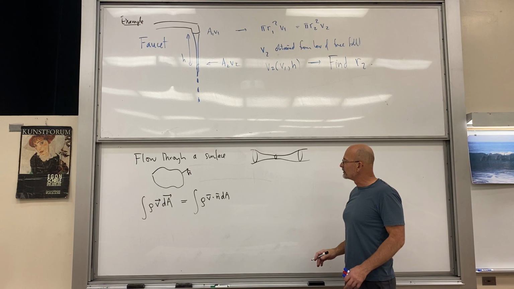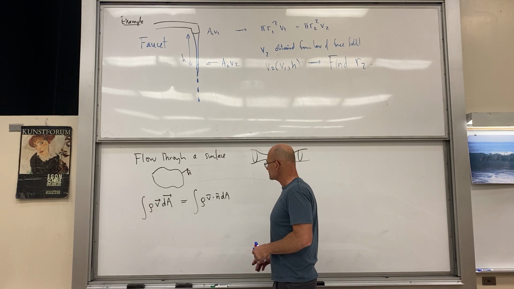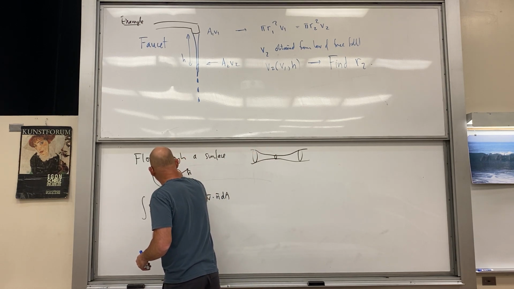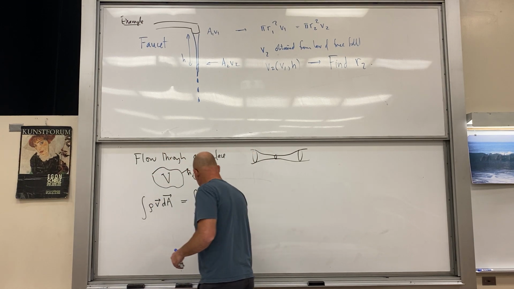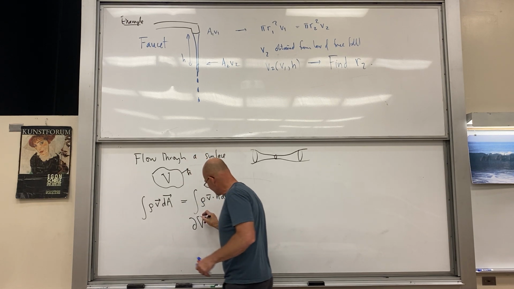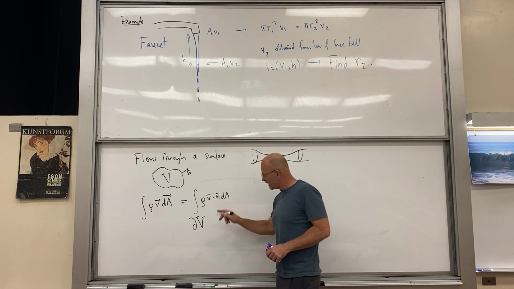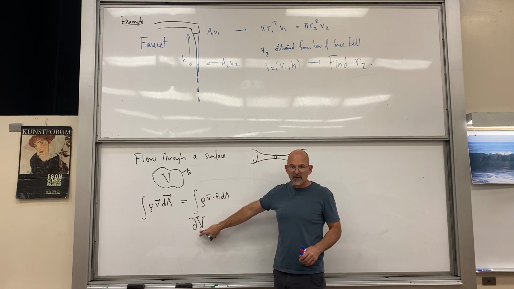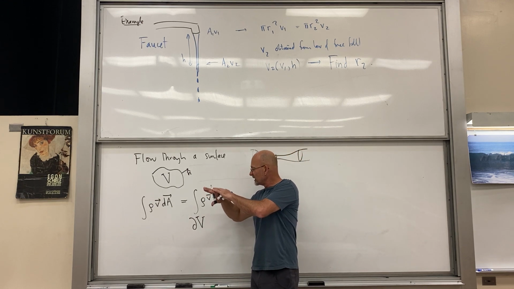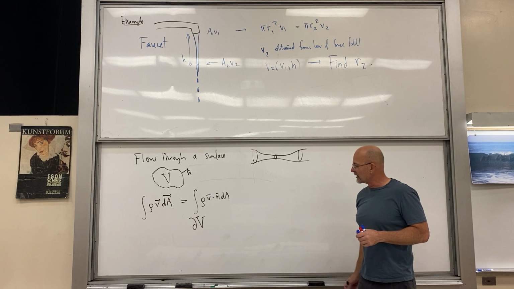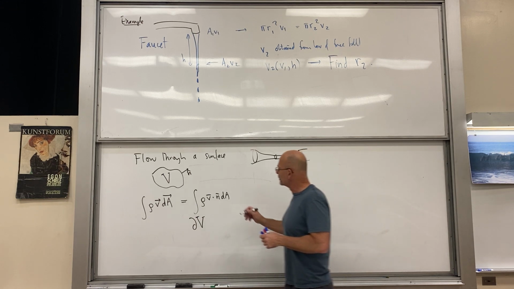Okay. So that's the flow through a surface, and if this is a volume, then we could say it's the boundary of the volume. A nice formalism there is just to refer to a volume, and this del in front of the volume just refers to the surface that bounds that volume. So we'll probably use that here and there. Okay. So there's a flow through a surface.